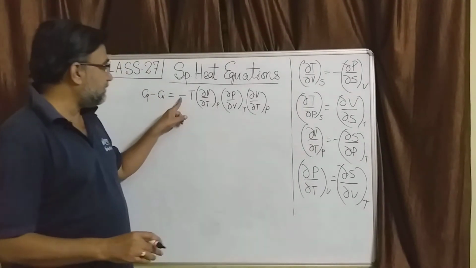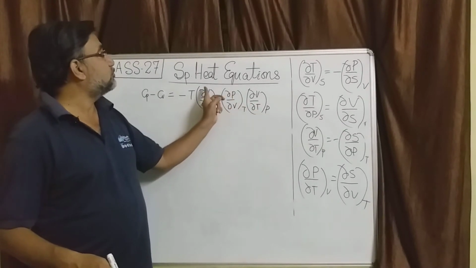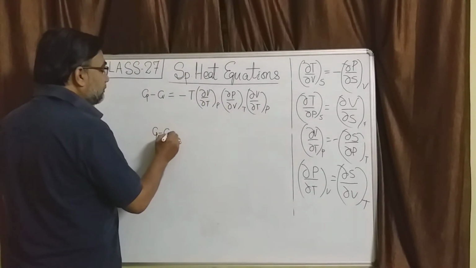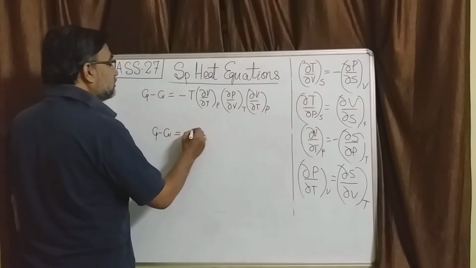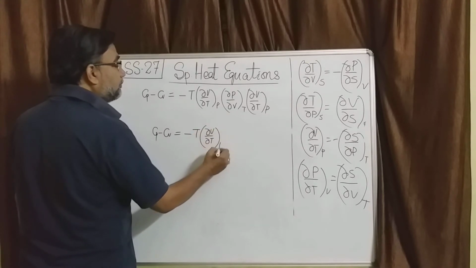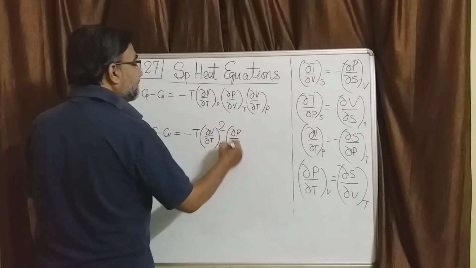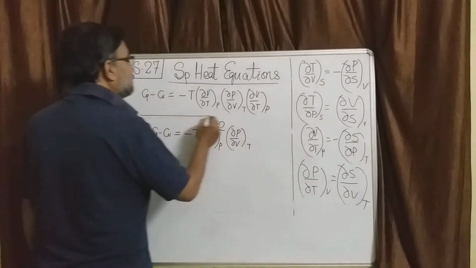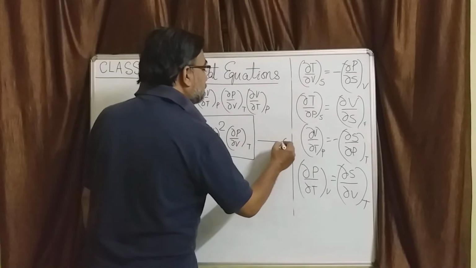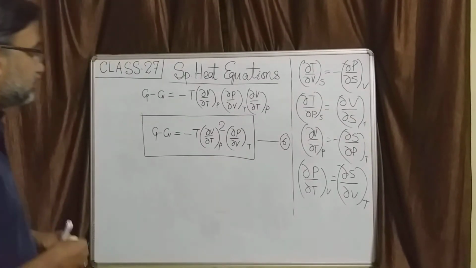So equation 5 has now become this equation. In this equation, there is a minus sign, this minus sign has come from that previous one, and this del V del T at P, del V del T at P, so it is del V del T at P whole square. So we can further write it, this is the final expression, Cp minus Cv is equal to minus T del V del T at P square into del P del V at T. So this is the expression we were looking for, and this is called the specific heat equation.